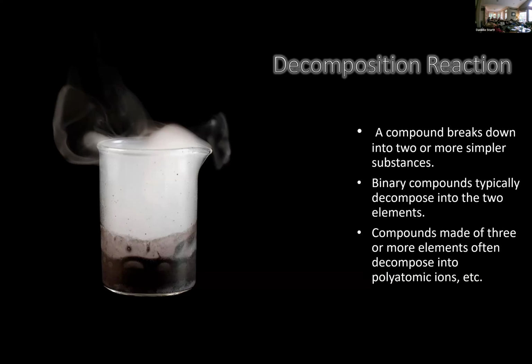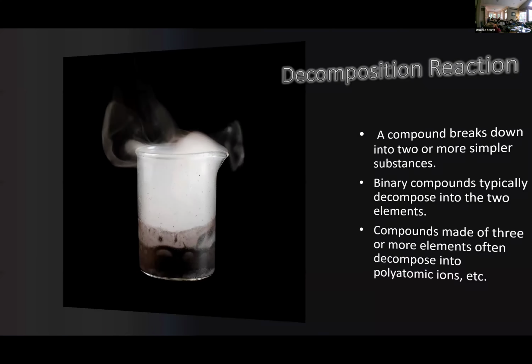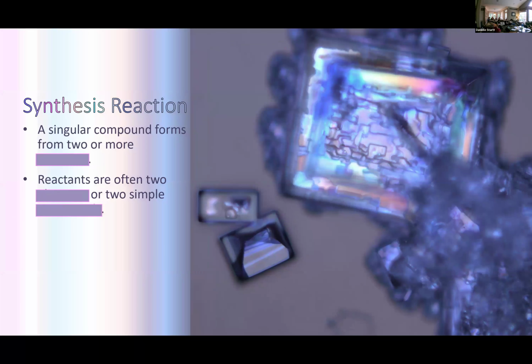Pretty much. You gotta aim high. All right, so let's now talk about a synthesis. If a decomposition is something breaking down, then a synthesis is when you have a singular compound that forms from two or more what? Reactants. Yeah, two or more reactants. Two things are going in and they're making one thing.